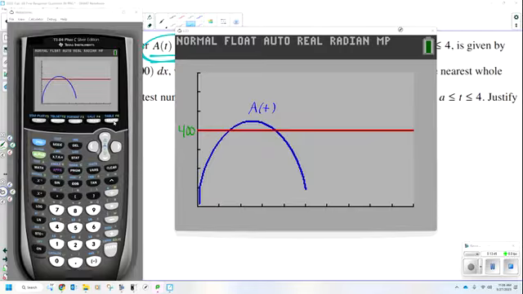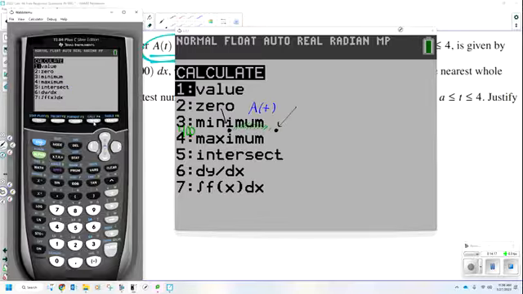So I really want to add up all the cars in this area, starting from this point, because that's when A of t is bigger than 400, to right here, because that's when it goes below. So I've got to use my second intersect function to get those x values, which in our case represent t. Let me go to second, trace, intersect.